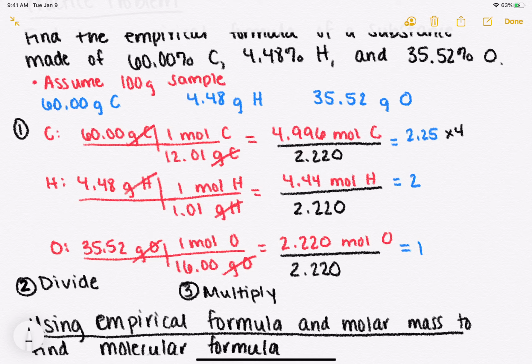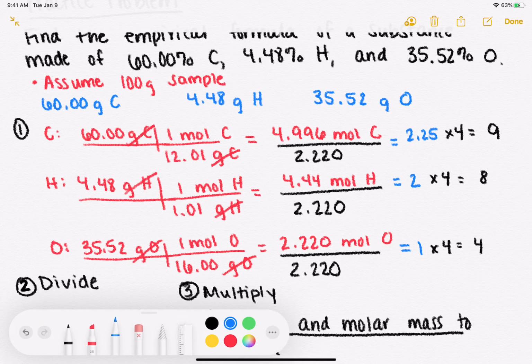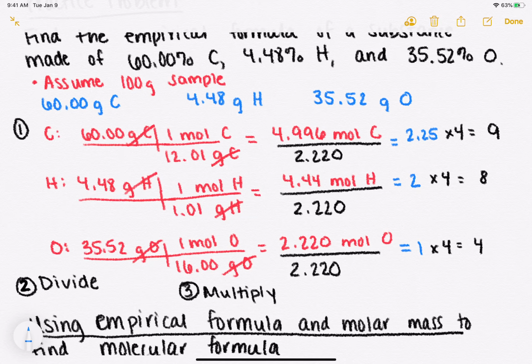So we're going to multiply everything here by 4. And we're going to get 9, 8, and 4. Which means that for our empirical formula, we'll end up with C9H8O4.